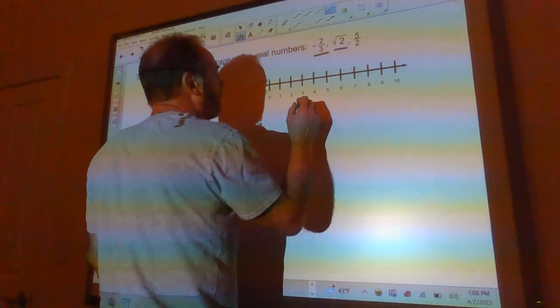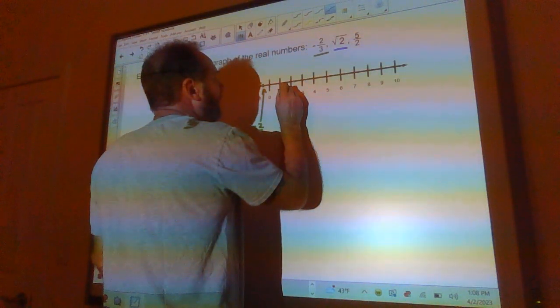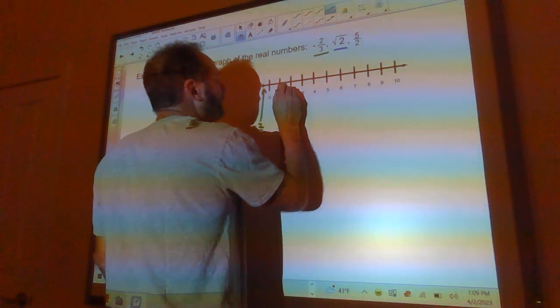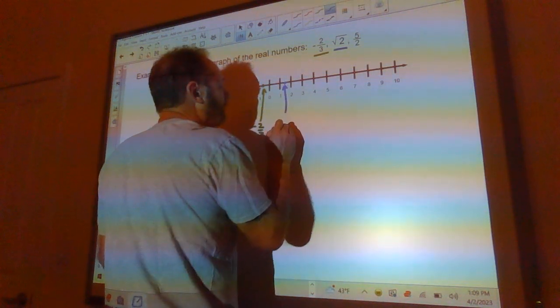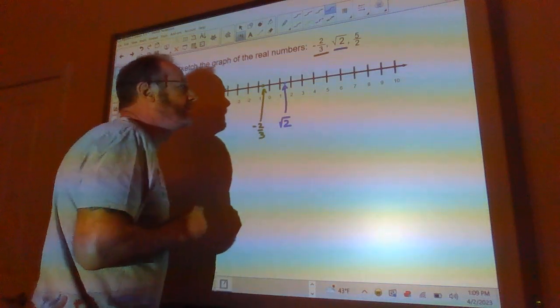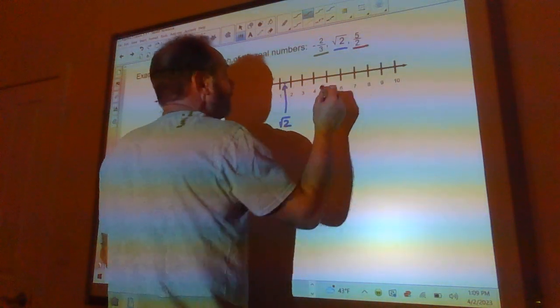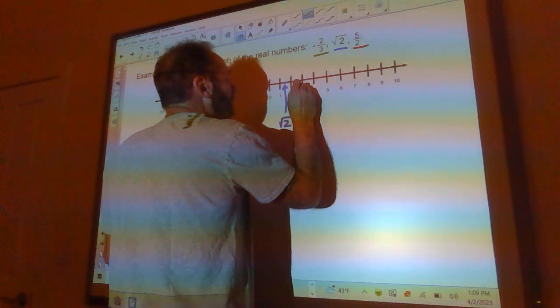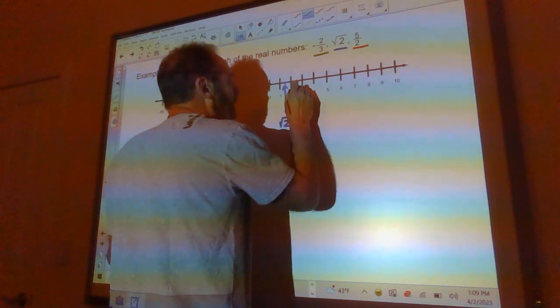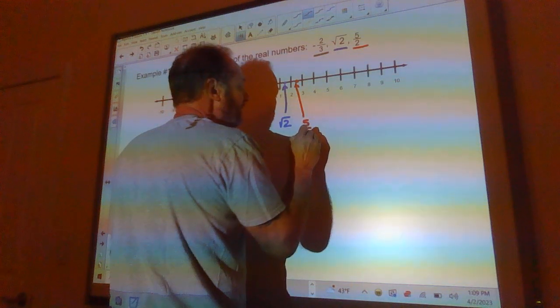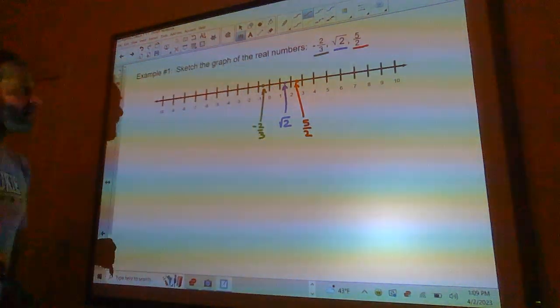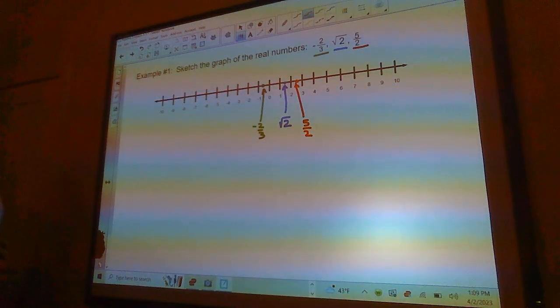So that would be not quite 1.5. It'd be right about there. So we'll call this the square root of 2. And 5/2, that would be 2.5. It's going to go right smack in the middle right there. We'll call that 5/2. So I've graphed my 3 real numbers there.